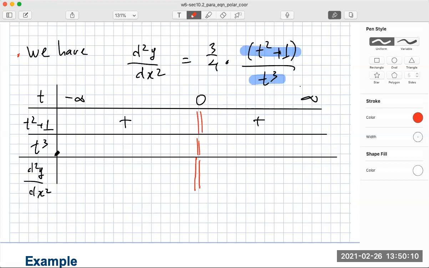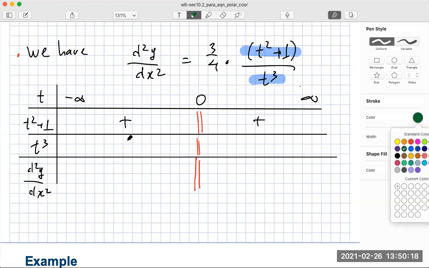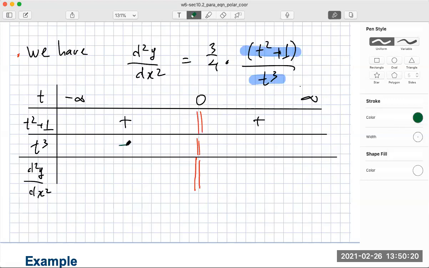If t is smaller than 0, then t cubed will be negative. It will be negative. How about if t is positive? Yes, positive. Good job. So now, the second derivative is this fraction, right?